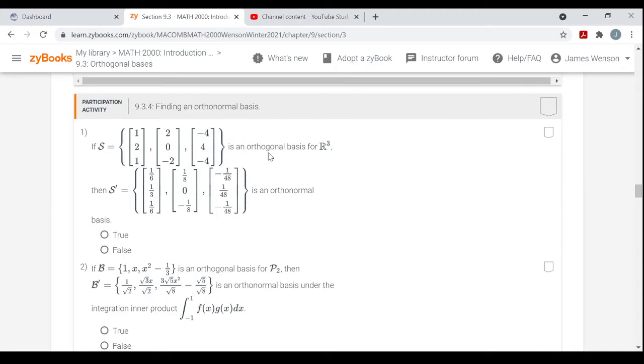And it's also an orthogonal basis, so every pair of vectors in here is orthogonal. Now, if they don't mention an inner product, let's just assume the standard inner product, the dot product. So let me show you how I would change this orthogonal basis to an orthonormal basis for R3.